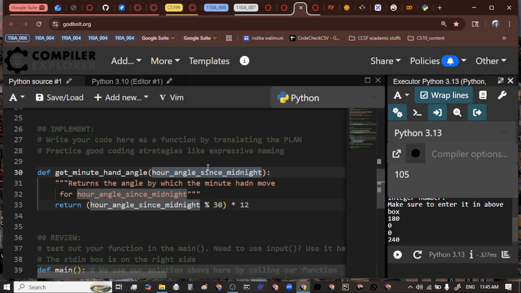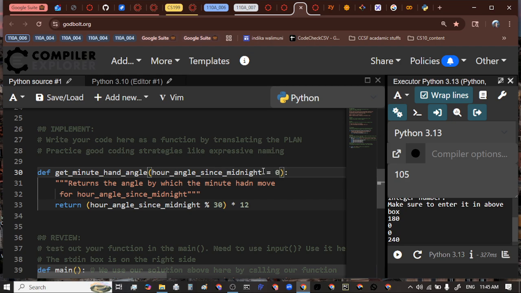We discussed this last week, the default parameter. We do it right here, equals 0.